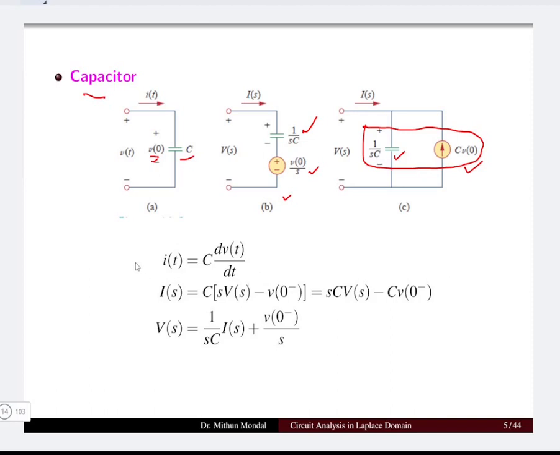We know the current flowing through the capacitor is given by C dV/dt in the time domain, and in the frequency domain it can be written as sC V(s) minus C V(0). This is the current, and the voltage has two terms: the initial voltage V(0)/s, and I(s)/sC. So for the capacitor in the frequency domain, we take into account both the current and the voltage.